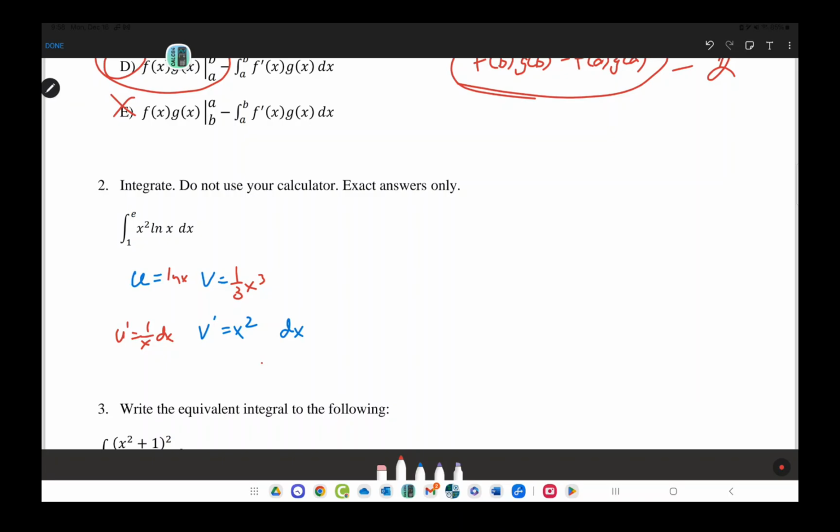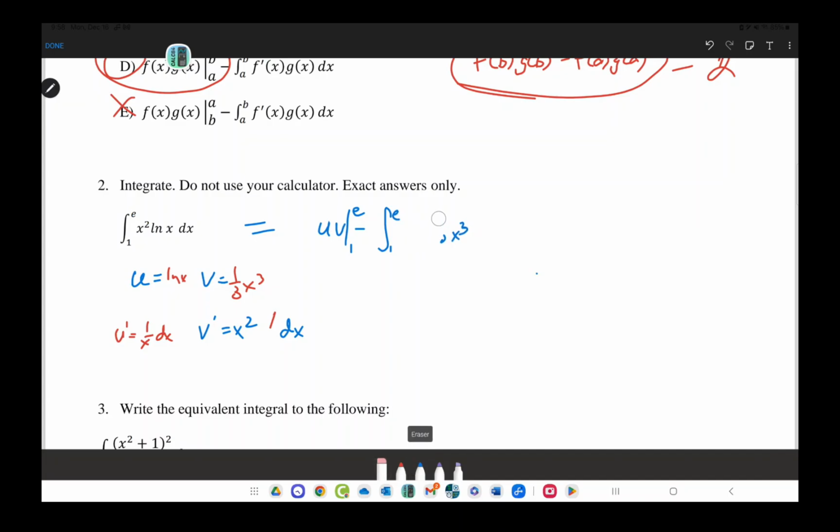So putting everything together, we have uv from 1 to e, minus the integral from 1 to e of u prime v dx.